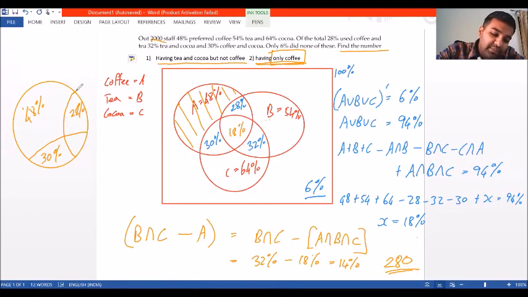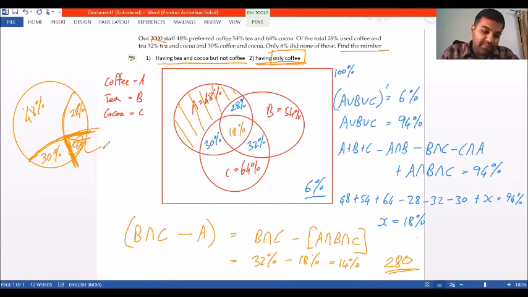When I subtract 28 percentage, I have subtracted this portion already. Then when I subtract 30 percentage, I'll be subtracting this intersecting portion again. See, I have subtracted this portion twice.